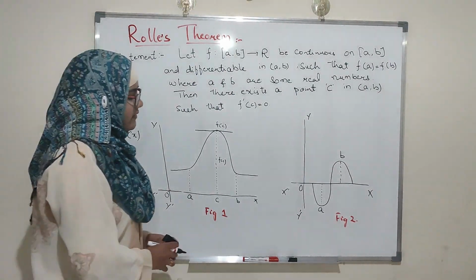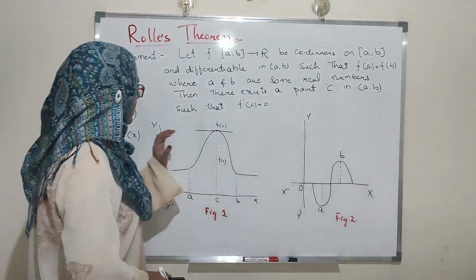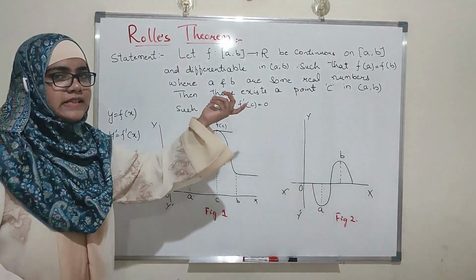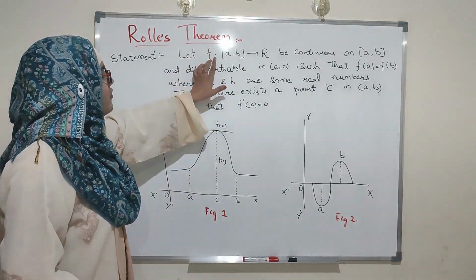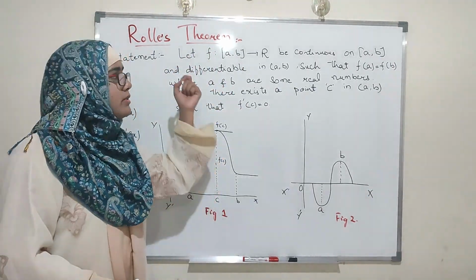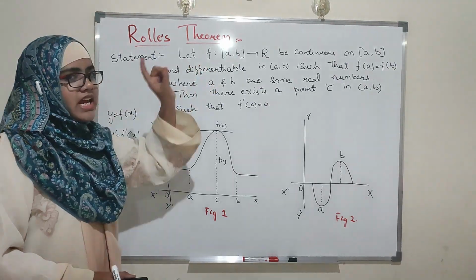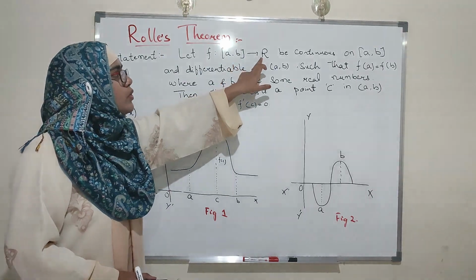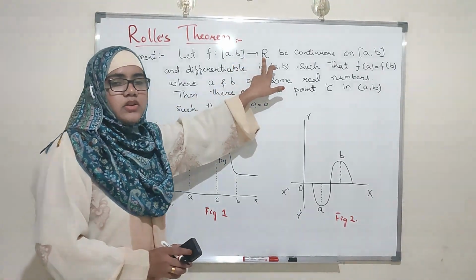Okay. Now I will show you some examples. Once again I will repeat. It's very simple. How to remember this statement? First, we are taking one function f from the closed interval AB to the set of real numbers.